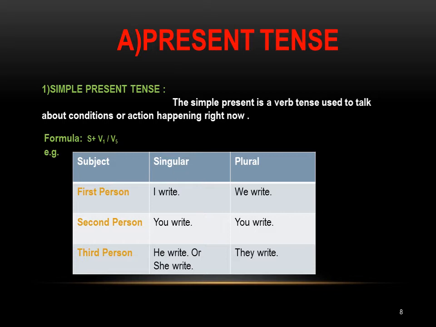He and she are used for subject, third person. Okay, and writes, V1 means present form of verb. Next, they write. They is subject, third person, and write, V1 means present form of verb. Okay.